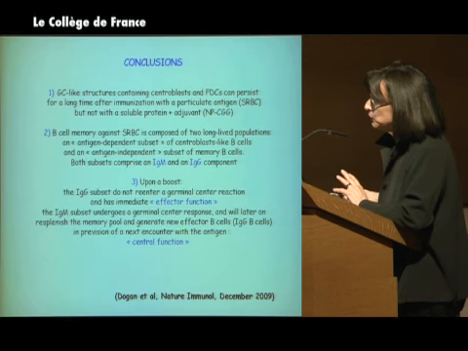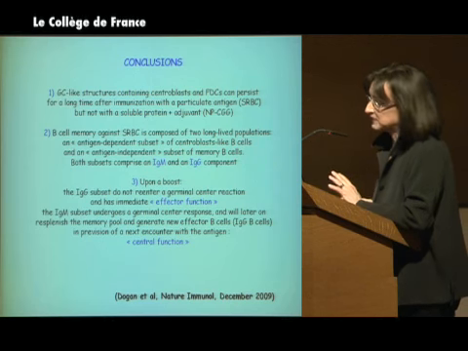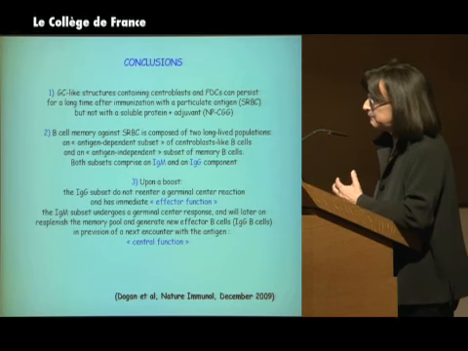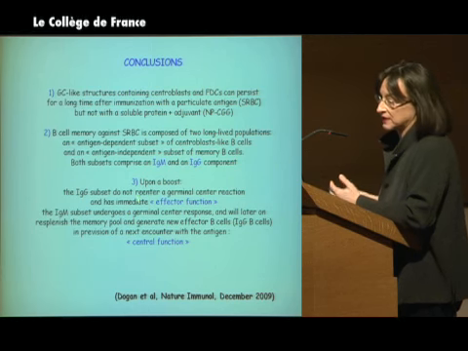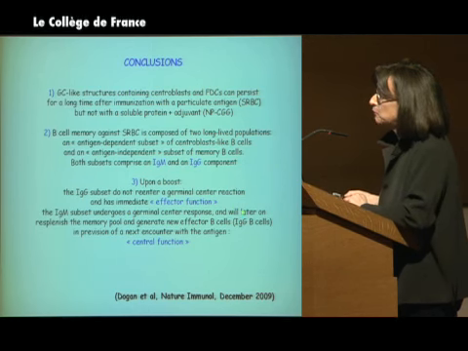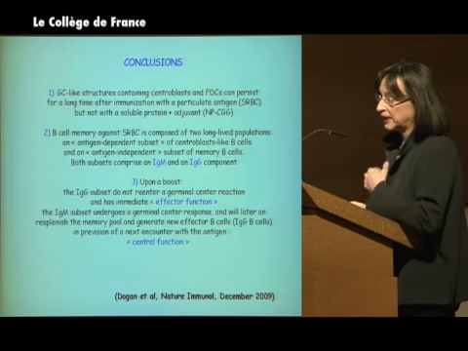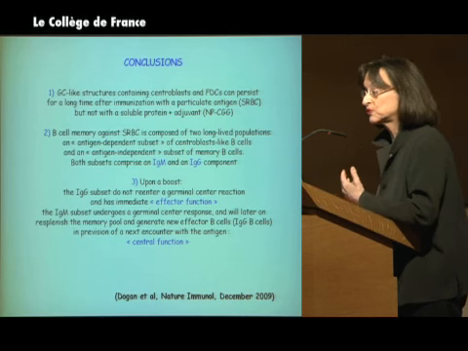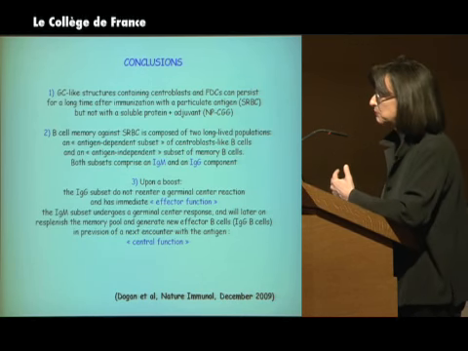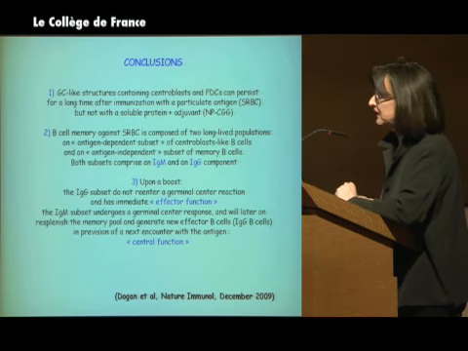And when you boost the animal, whether by adoptive transfer or simply by re-immunizing the animal, you see that the IgG subset does not re-enter the germinal center reaction and has an immediate effector function, whereas the IgM subset reinitiates the germinal center reaction that will, of course, give rise to IgG memory B cells in prevision of the next encounter of the antigen.